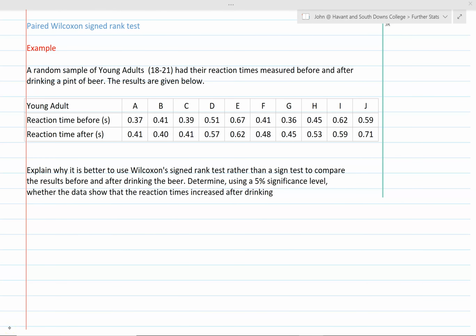So here's an example about two groups of young adults who are doing this thing on reaction times to test the effect of a pint of beer, or a relatively small amount of alcohol, on their reaction times, and to see if there is evidence here to suggest that there's an increase in their reaction times. Okay, again it's one-tailed. So let's do this test.